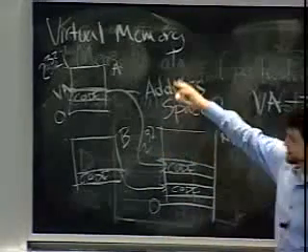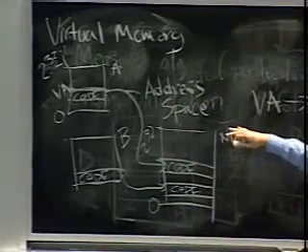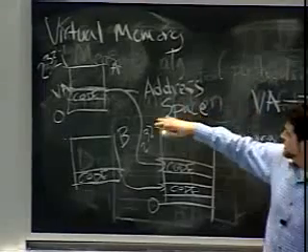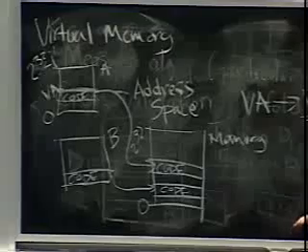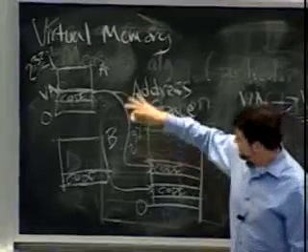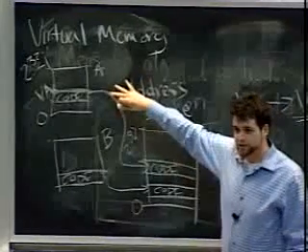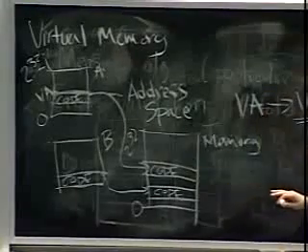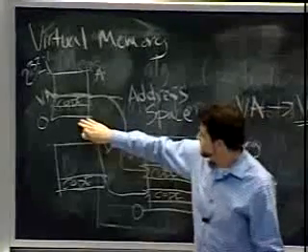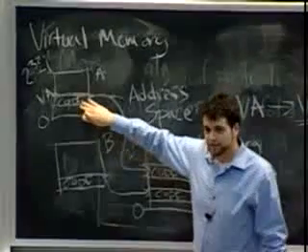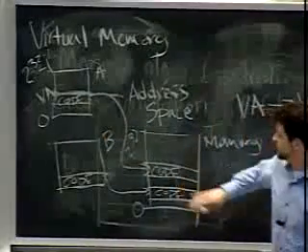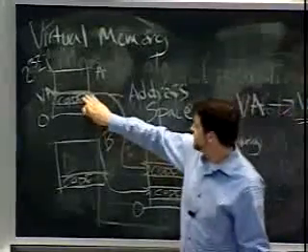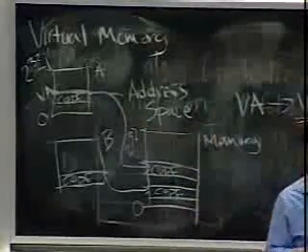So we have this notion of address spaces. Each module that's running on the system in a virtual memory system is going to be allocated one of these address spaces. This address space is virtual in the sense that these addresses are only valid in the context of this given module. And each address in the virtual space translates into some address in the physical space.